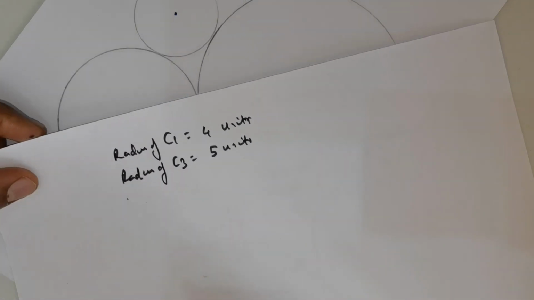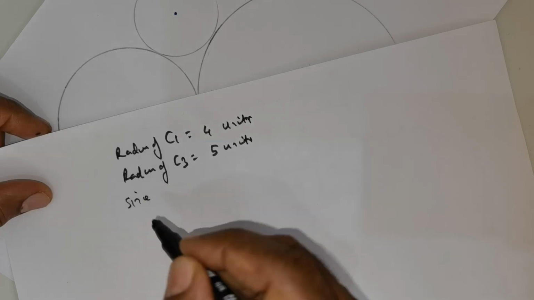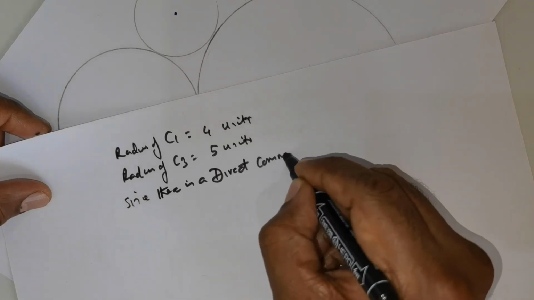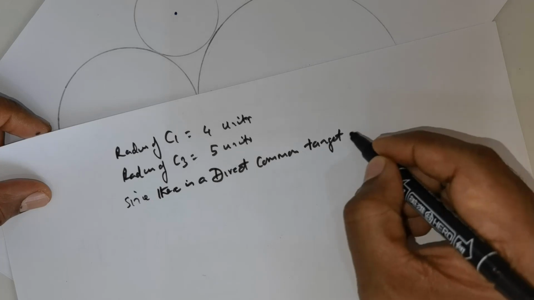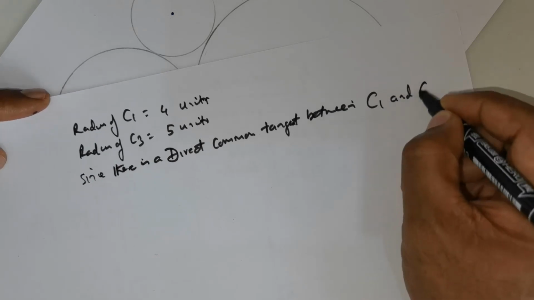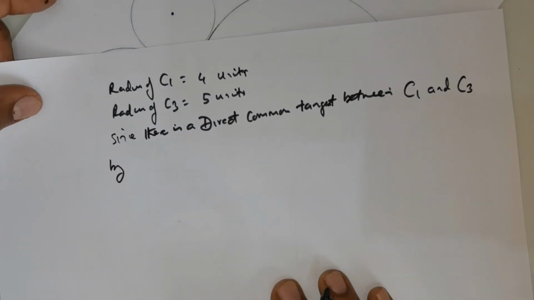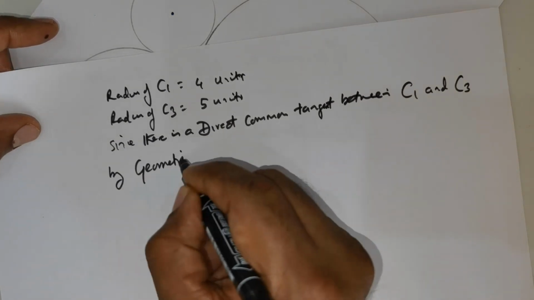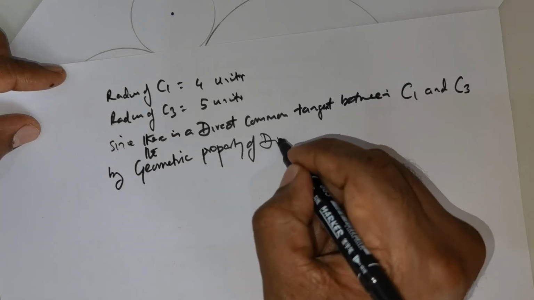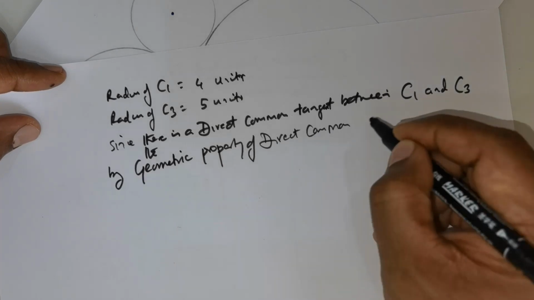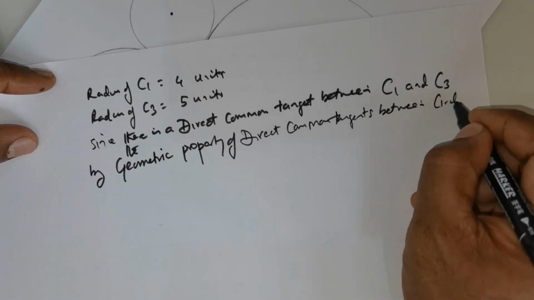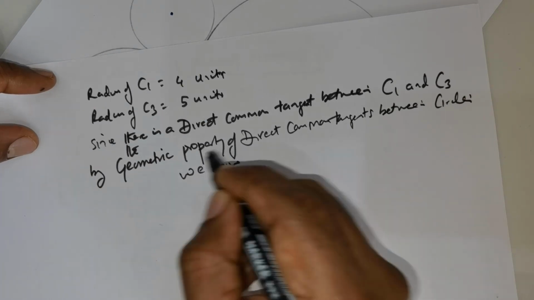So what I would like to do here is, since there is a direct common tangent between C1 and C3, by the geometric property of direct common tangent between circles, we are actually invoking this property.